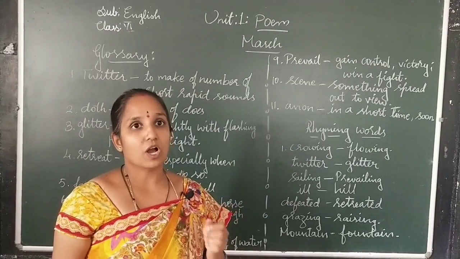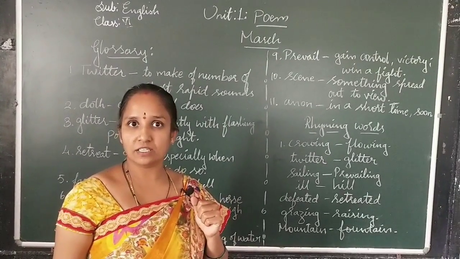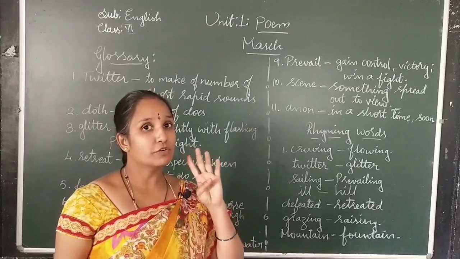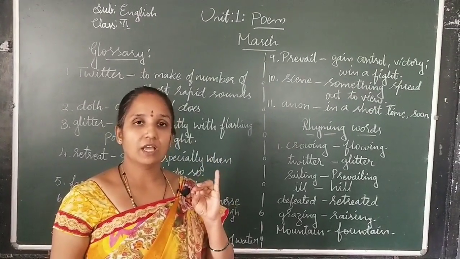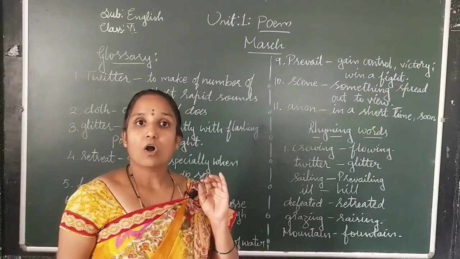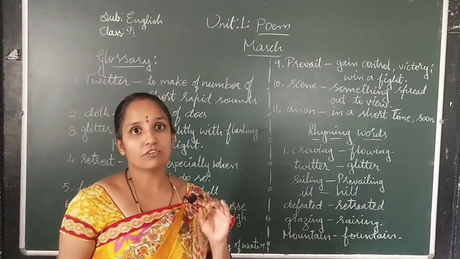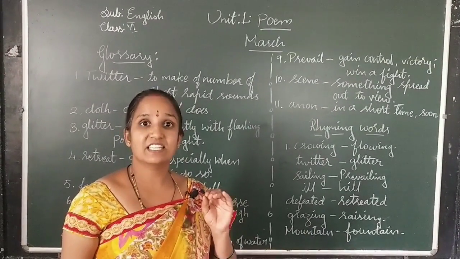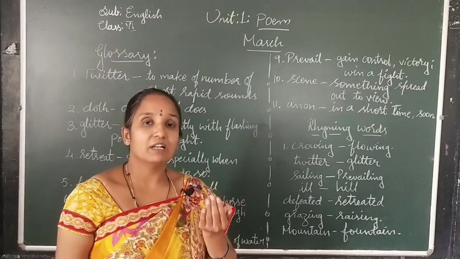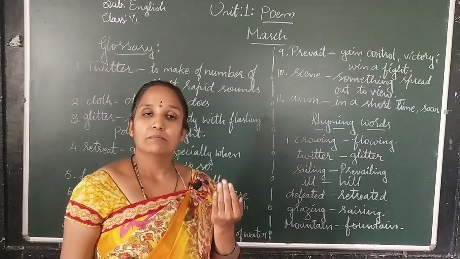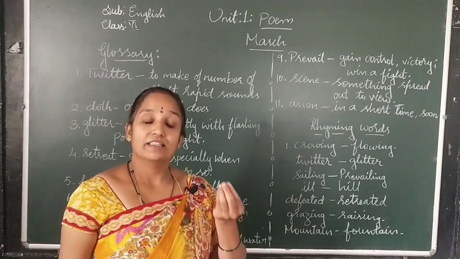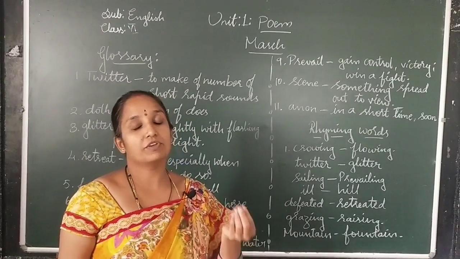Do you know how many seasons there are in the Indian climate? There are 4 seasons: summer, winter, rainy and autumn. In the month of March we can see the summer entering.